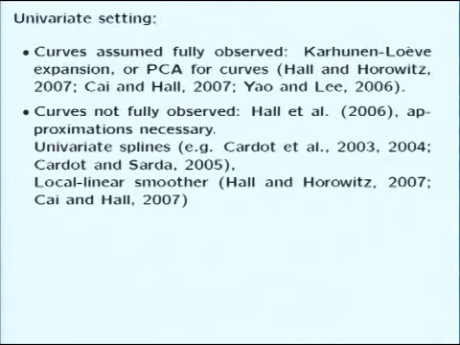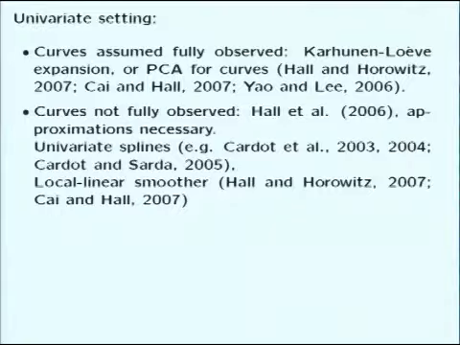In the 1D setting, there are many published works, as I said. When the curves in 1D are assumed to be fully observed, principal component analysis for curves was developed. I can cite here two recent papers by Peter Hall and co-authors in the Annals of Statistics, and they solved the problem of prediction or estimation in terms of optimal rate of convergence.